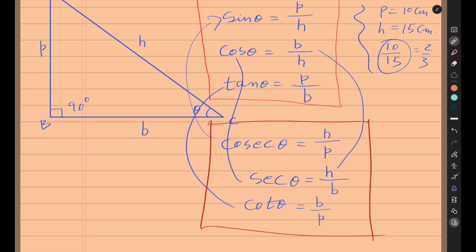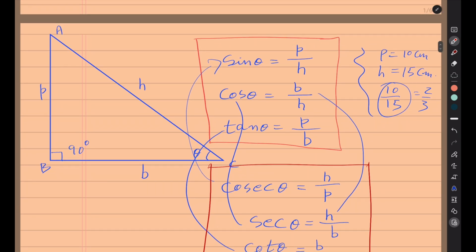Okay, so hope you are now quite familiar with the trigonometrical ratios. Let us revise all those things before we go further.